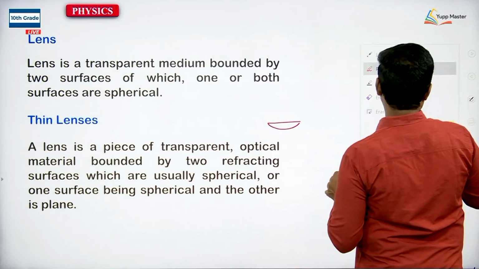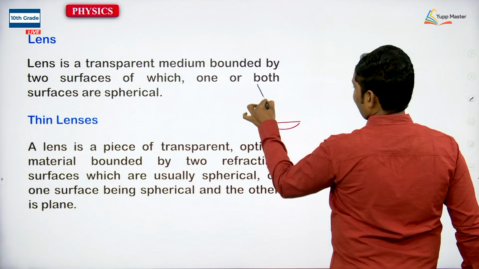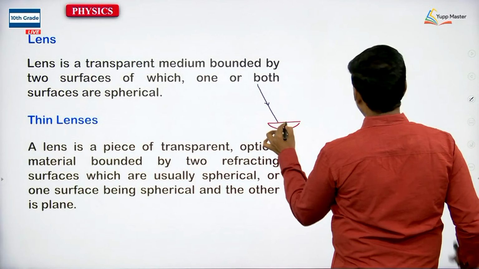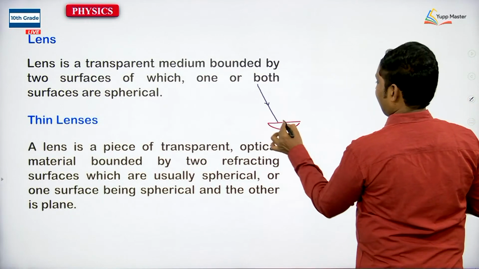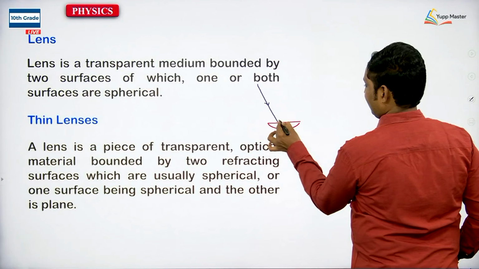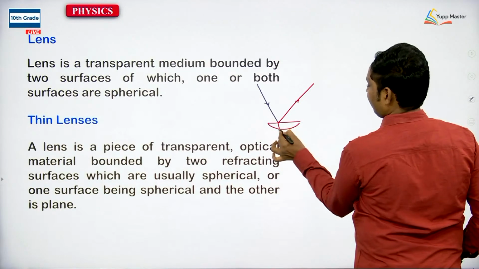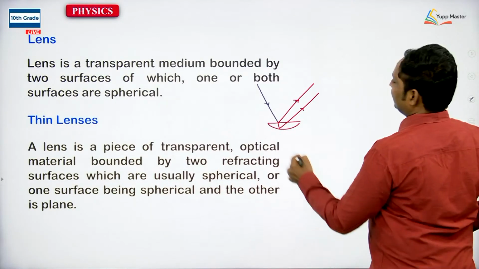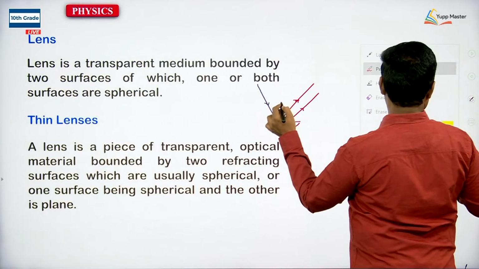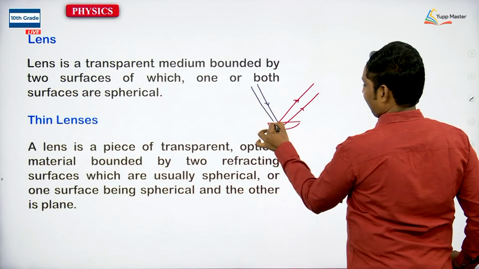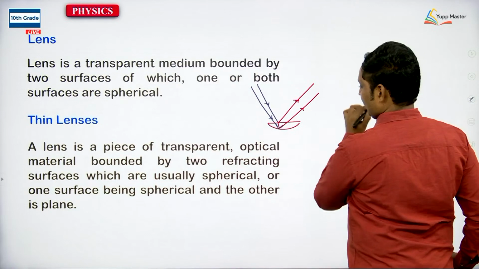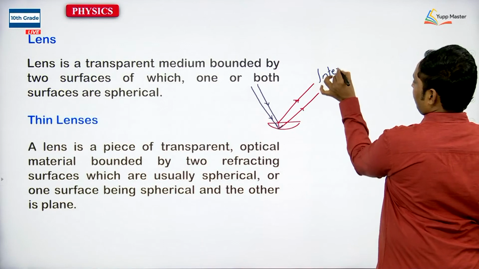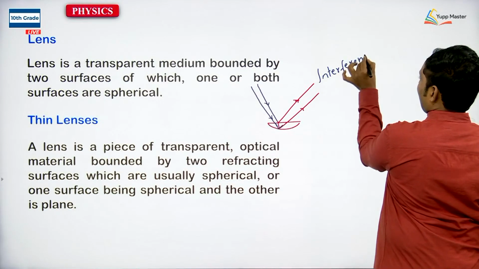If the light rays are incident, they are refracted and reflected, and you can observe that there exists an interference.